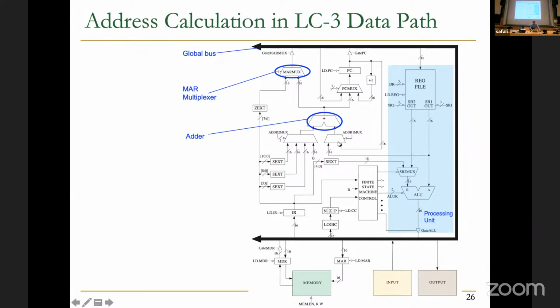You can select this input of this mux, and then you can select this input of this other mux, so that you can enable PC plus sign extended offset, which is PC relative addressing. Or you can take, let's say, source register 1 out over here. You can select this input of this mux, that's base register, plus sign extended 6-bit offset coming from the instruction register, right? So similar to this, there are other addressing modes that we have not discussed yet that are semantically required by the ISA.